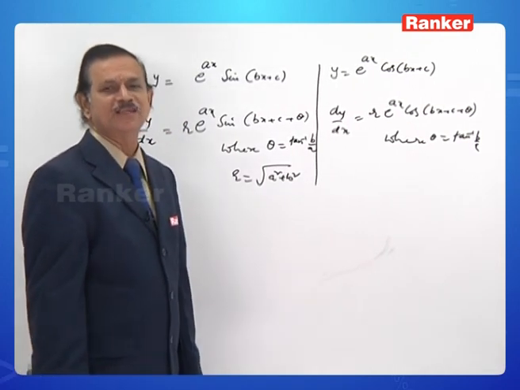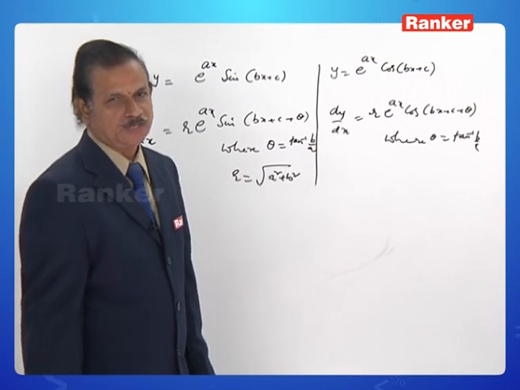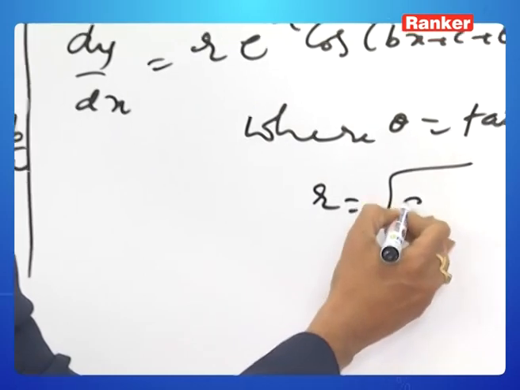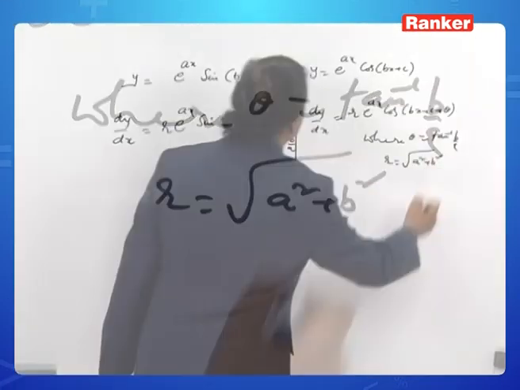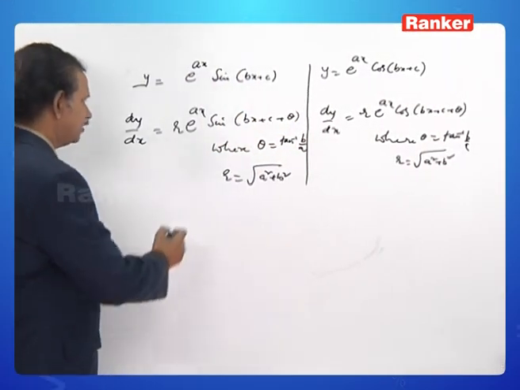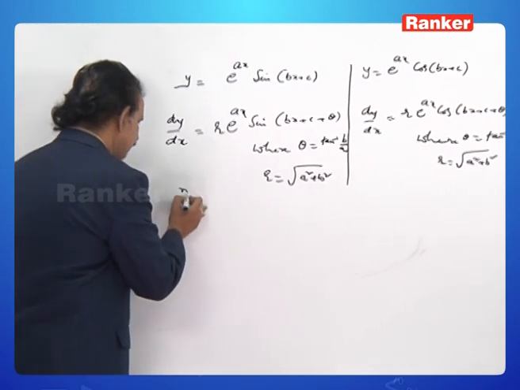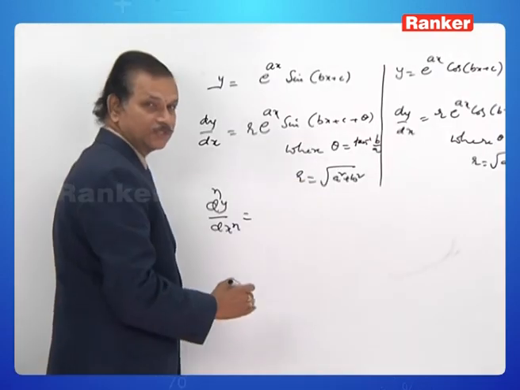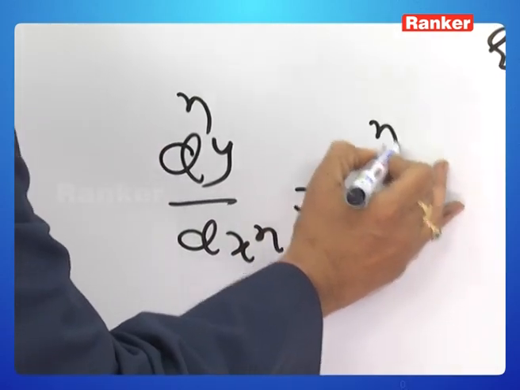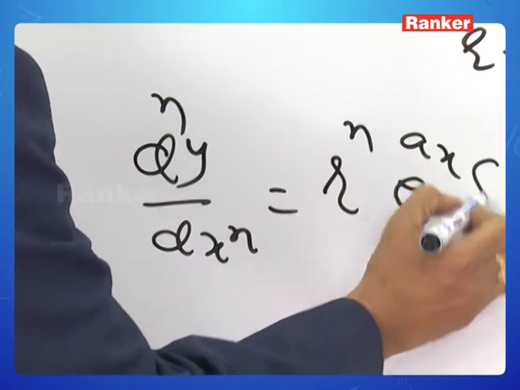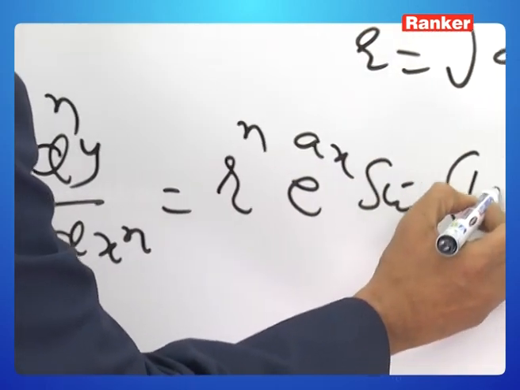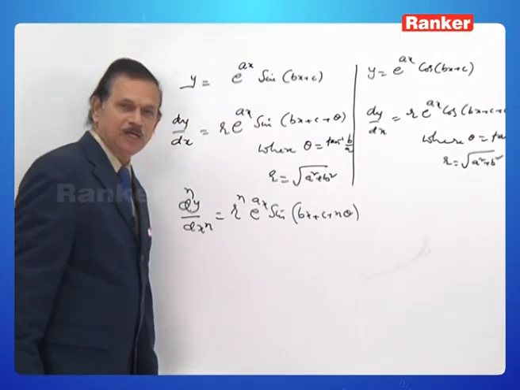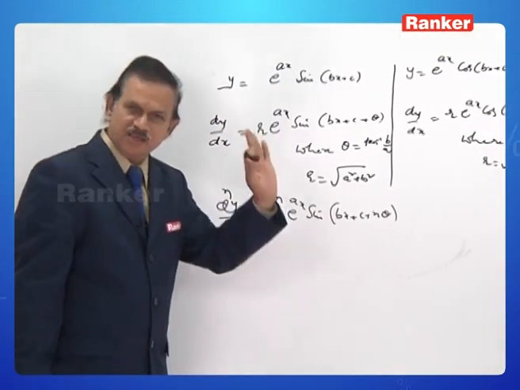Yes. And r is equal to root of a square plus b square. Observe the first derivative and the nth derivative. d power n y by dx power n is equal to r power n into e power ax into sine of (bx plus c plus n theta), that is n tan inverse b by a, where r and theta stand for the same.